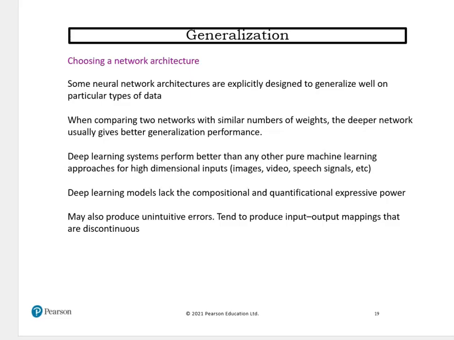So although deep learning models generalize well in many cases, sometimes they can overfit a specific problem, or they generate errors that we didn't expect. For example, their output could be discontinuous, so that a small change in an input can cause a large change in the output.